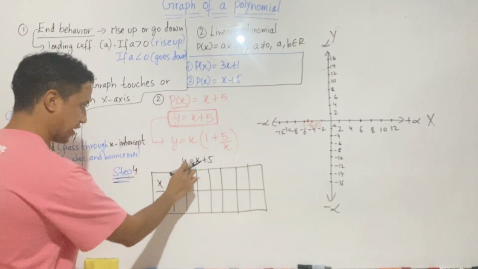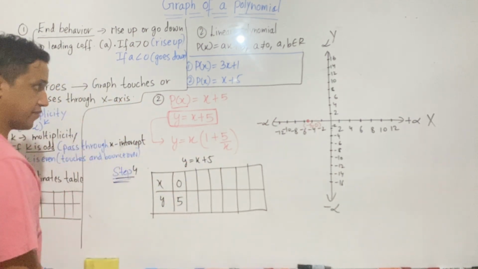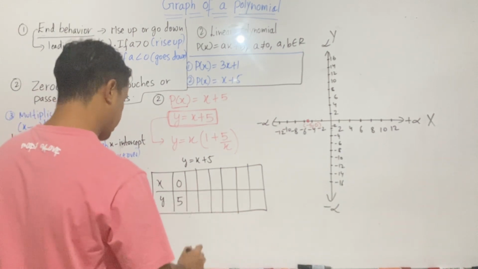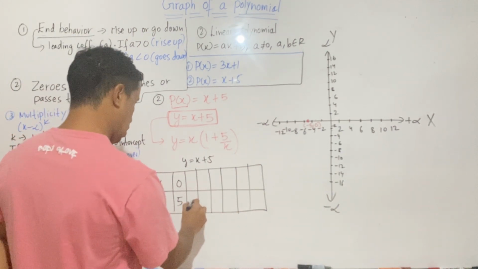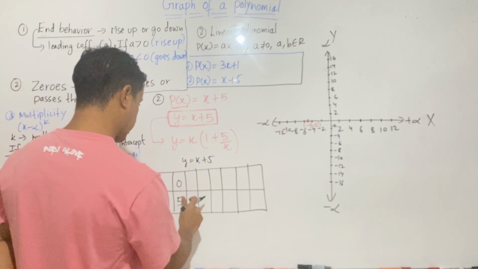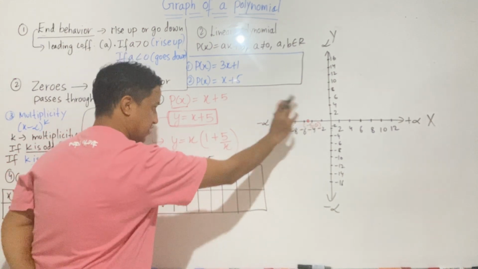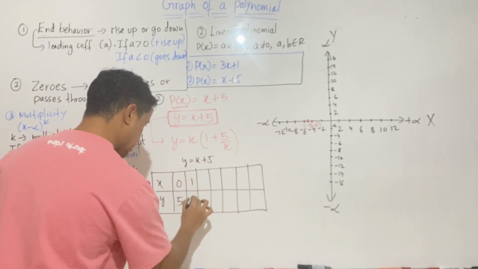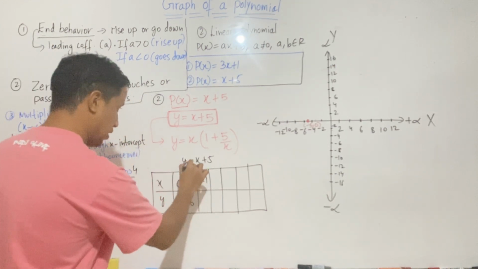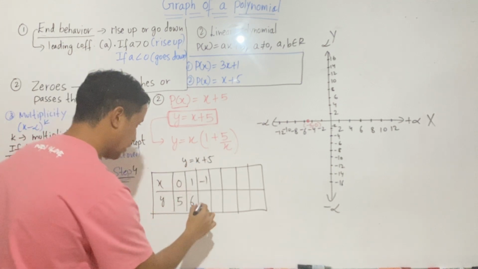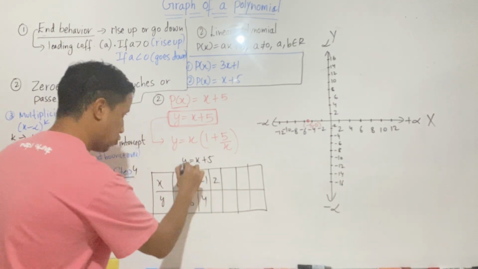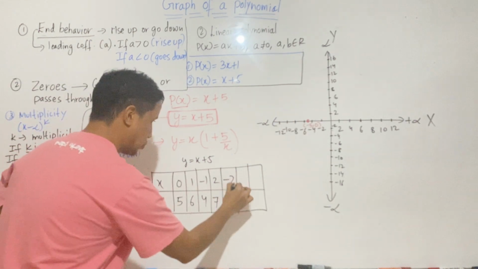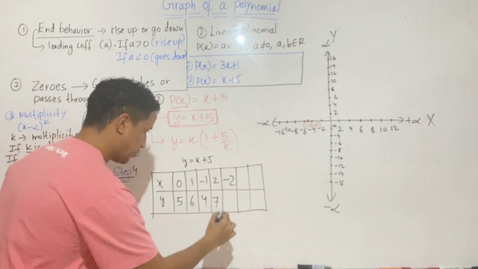So if I put x as 0, y will be 5. If I put y as 0, x will be minus 5, that is the zero. If I put 1, y will be 6. If I put minus 1, then y will be 4. If I put 2, y will be 7. If I put minus 2, then y will be 3.